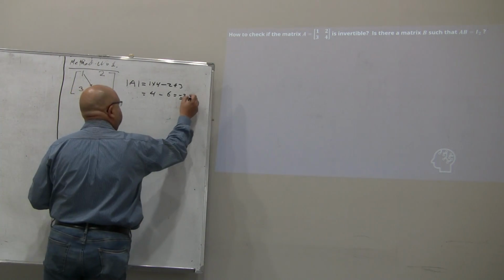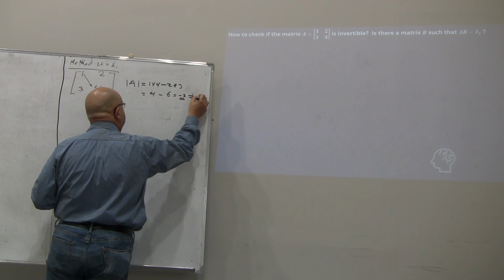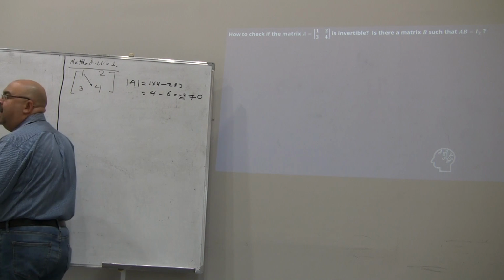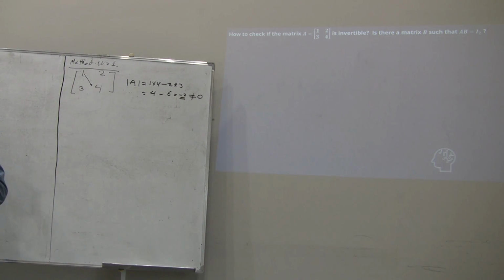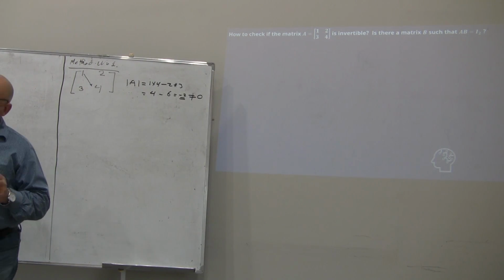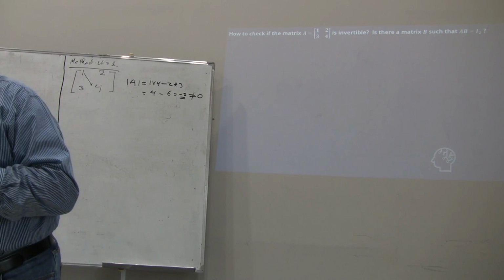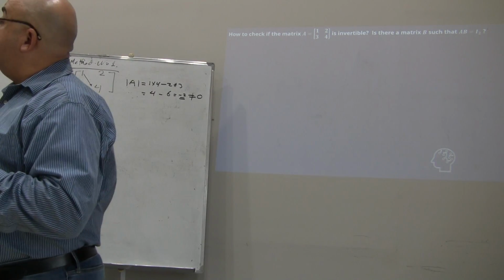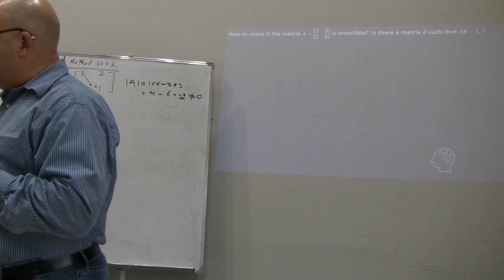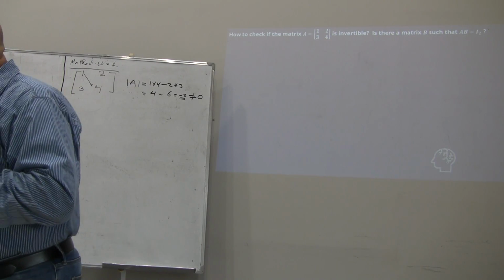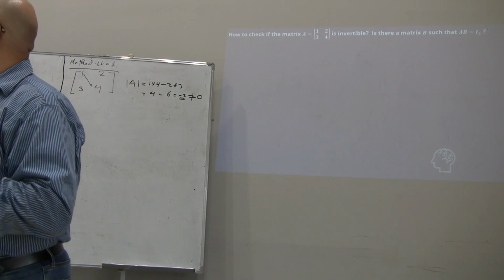Since this number doesn't equal 0, this is called a non-singular matrix. Non-singular matrices are those matrices whose determinants don't equal what? To 0. Since its determinant doesn't equal 0, it's called a non-singular matrix, so you can get its inverse.